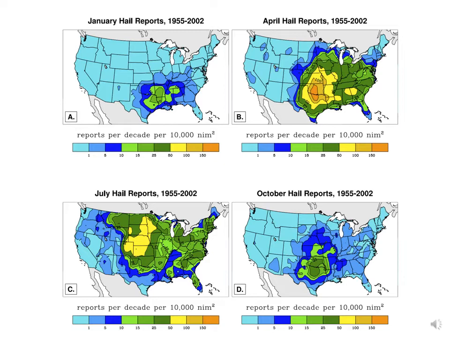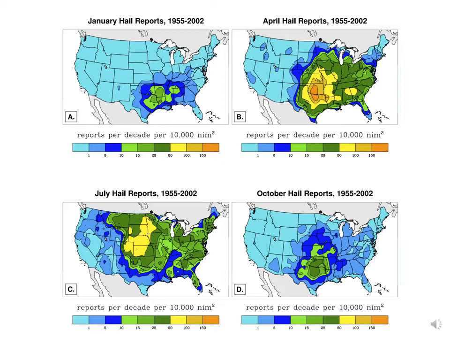As you move into late summer, the frequency of the supercell thunderstorms is down, but you still have these multi-cell thunderstorms that can generate hail, and they've actually moved much further north. And now the peak in the hail, the late summer hail, is actually in Kansas, Nebraska, South Dakota, North Dakota.